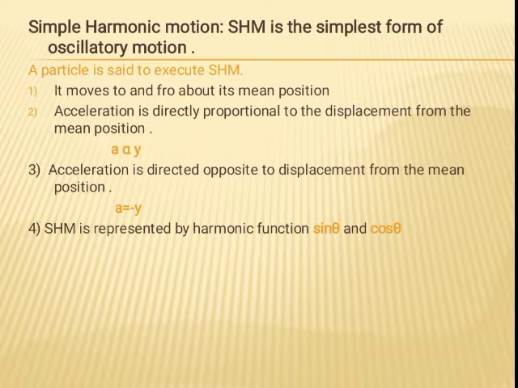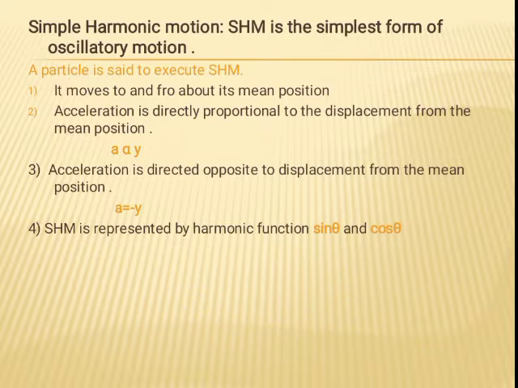Okay, so if I consider the first point, it says that it moves to and fro about its mean position. If I consider a pendulum, with the point in between being the mean position where no force is acting on it, there is a to and fro motion happening, right?